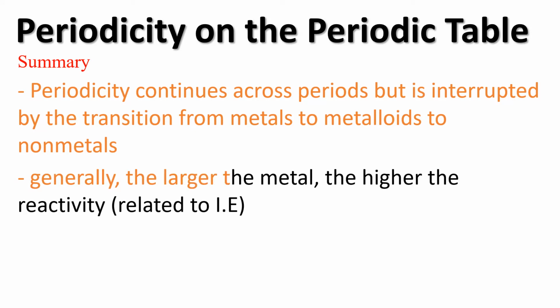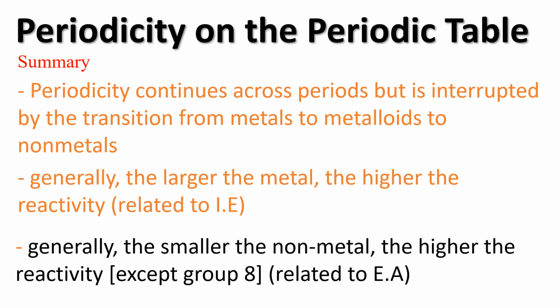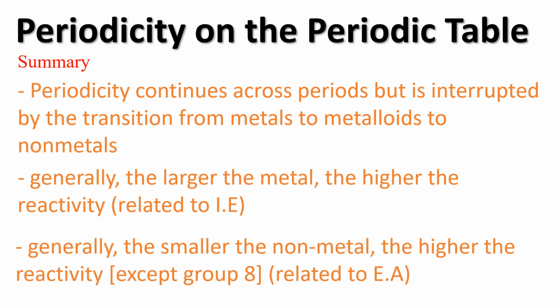Generally, the larger the metal, the higher the reactivity, and that's related to the ionization energy. Think francium. And generally, the smaller the nonmetal, the higher the reactivity, except for group 8, we eliminate that one. And that's related to the electron affinity. So those two are opposite of each other. At this point, I'd like you to move on to the homework, and let's get that done.